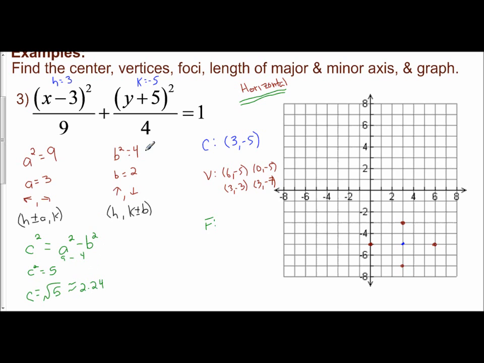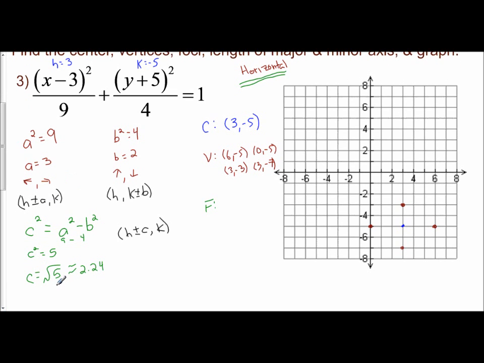So your foci are located c units from the center along the major axis. The formula we have here is h plus or minus c, comma k. For me, the way I work, I prefer to use the radicals. I would go from my h left and right radical 5 units.